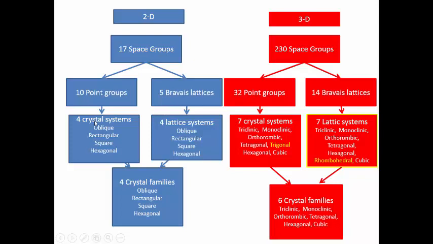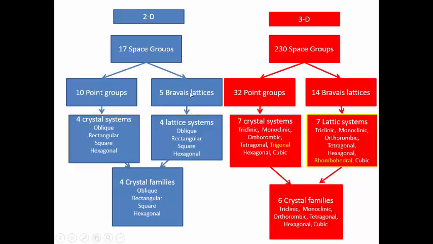We have 4 crystal systems in 2D, 7 in 3D, and then we end up with 4 crystal families, or 6 crystal families. The other way to look at it is in terms of the Bravais lattices. So we have a way of looking at the space groups subdivided by point groups or subdivided according to lattices.